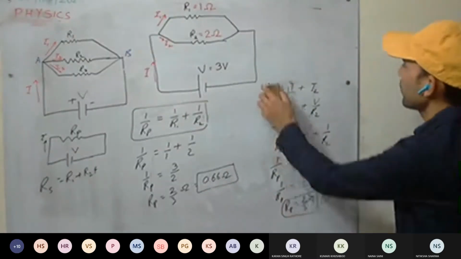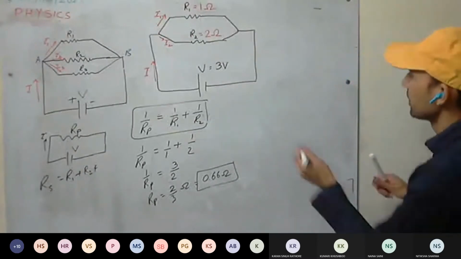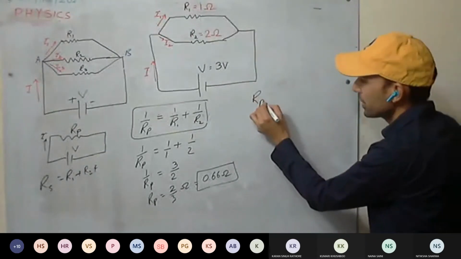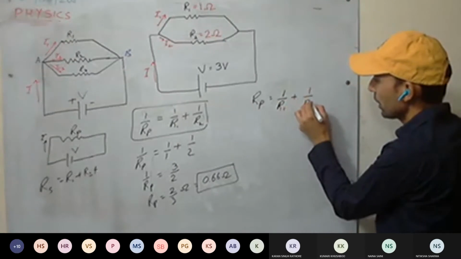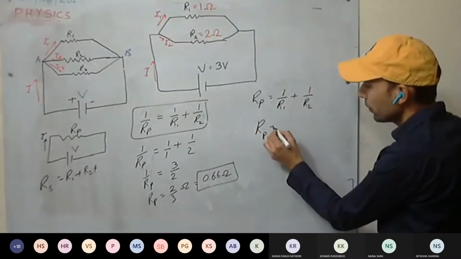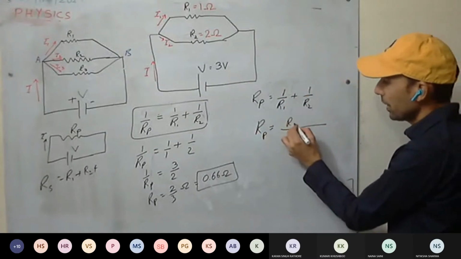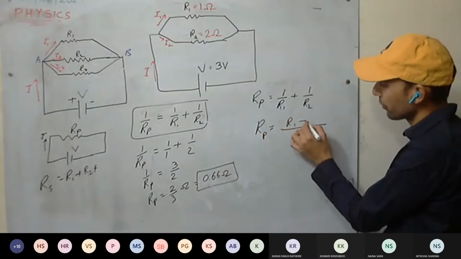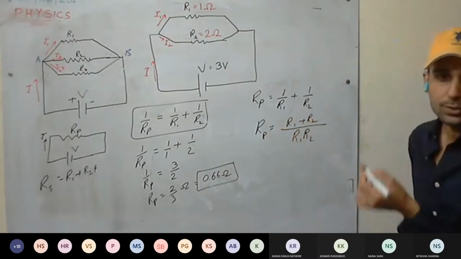Okay, one more thing I tell you. If two resistors are there, 1 upon Rp equals 1 upon R1 plus 1 upon R2. If we add them, what will be the LCM? R1 R2. The numerator will be R2 plus R1, or we can write R1 plus R2, because addition is commutative.